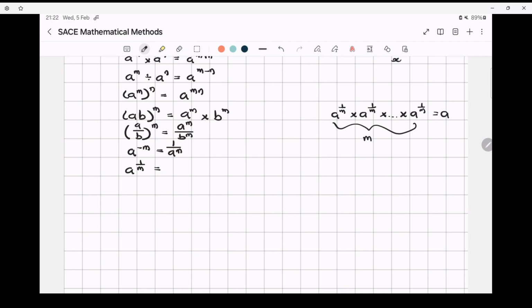And we sort of saw this property before. If you have square root x, for example, multiplied with square root x, you get back x. So this means that when you have fractional power, basically this is the m-th root of a.